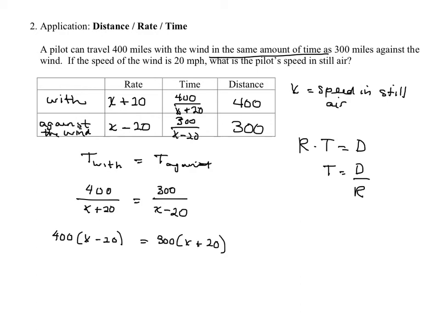Good? We'll distribute, and we'll get 300x plus 6,000 and 400x minus 8,000. Bringing everything over, subtract 300x, add 800,000 actually.